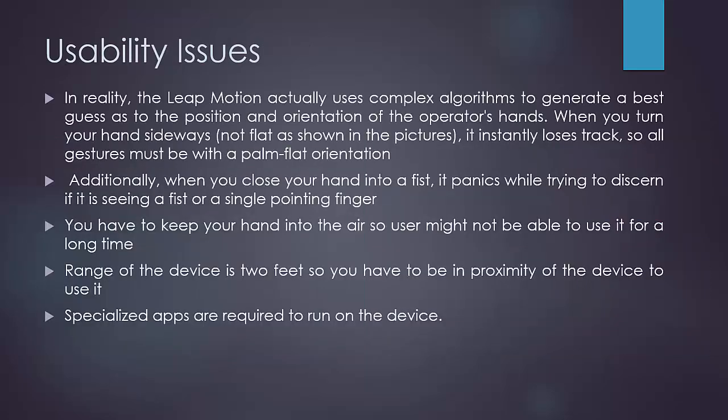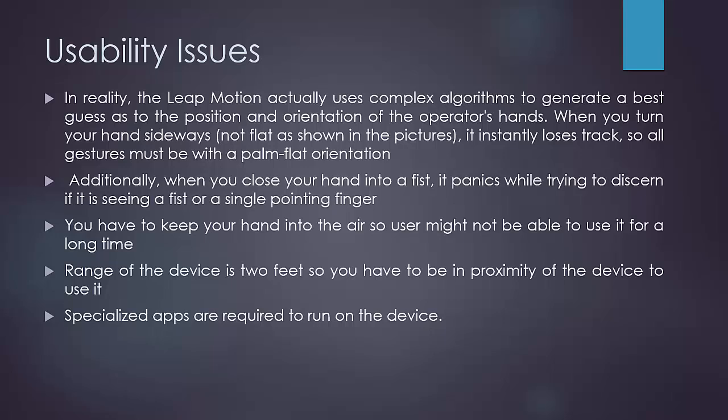So, usability issues. This hardware has some usability issues, there is no doubt about that. In reality, the Leap Motion actually uses a complex algorithm to generate a best guess as to the position and orientation of the operator's hands. When you turn your hand sideways in vertical direction to the hardware, it instantly loses track. So all gestures must be with palm flat orientation or in the parallel direction of the hardware.